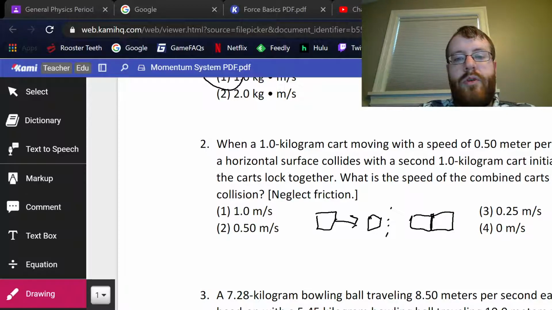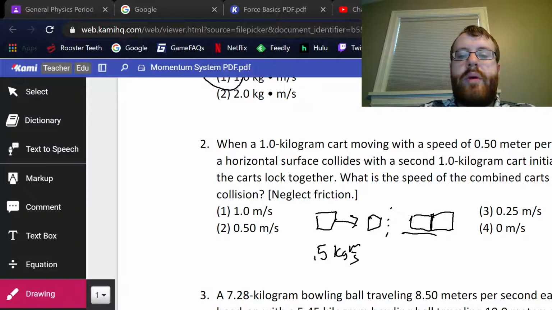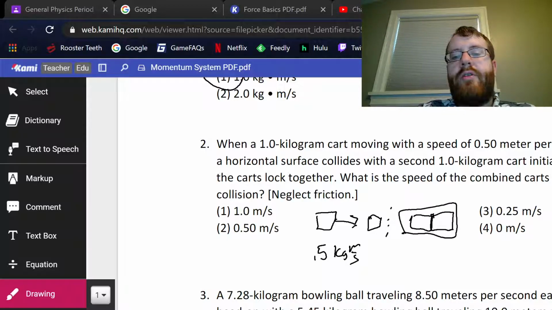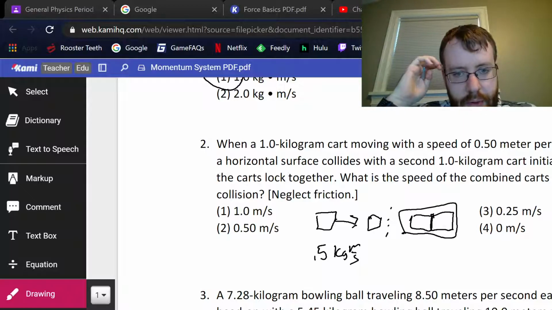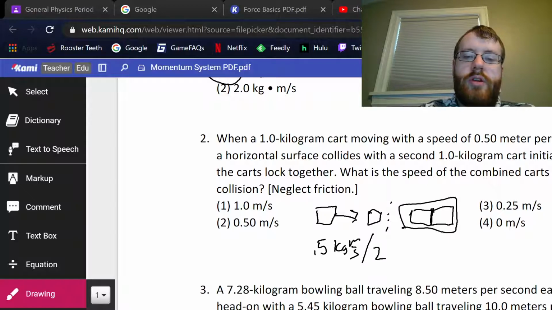My momentum before is 0.5 because it's 1 times 0.5, which is 0.5 kilogram meters per second. So that needs to be my momentum after. However, my mass is effectively doubled, which means my speed, I'm dividing this by 2 because my mass is doubled, to get a speed of 0.25 meters per second.